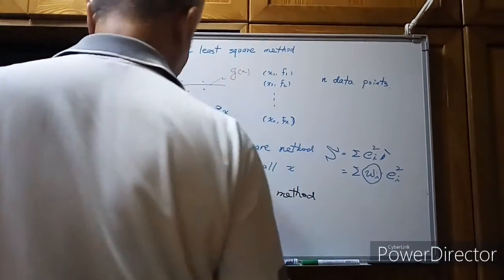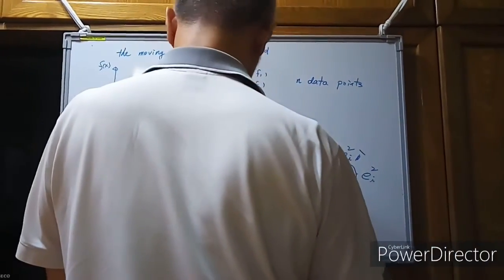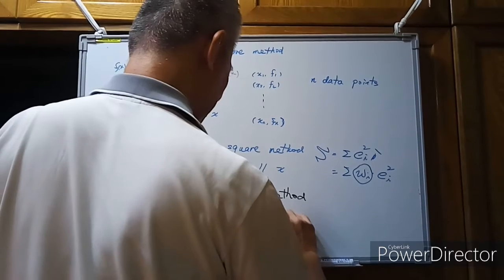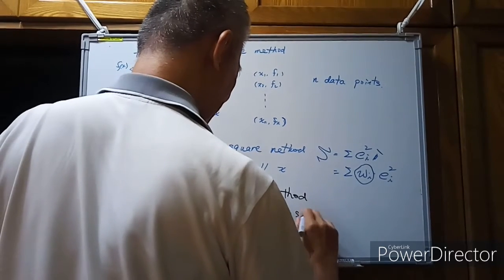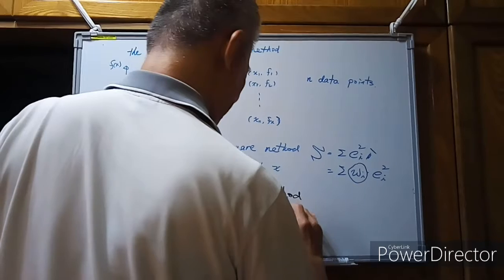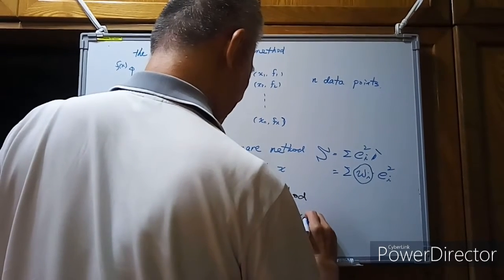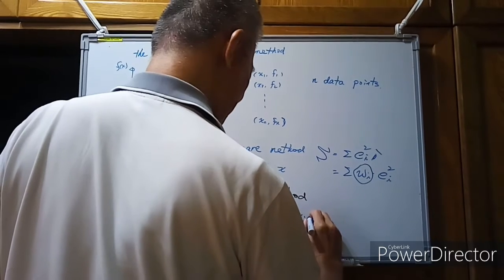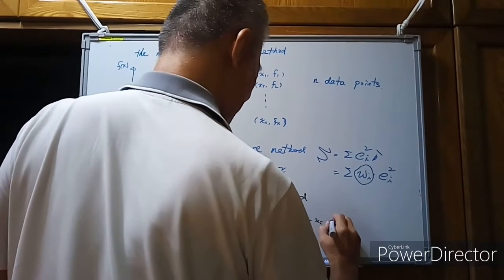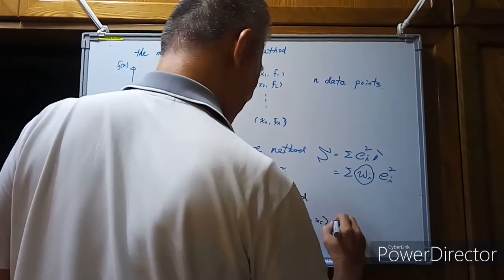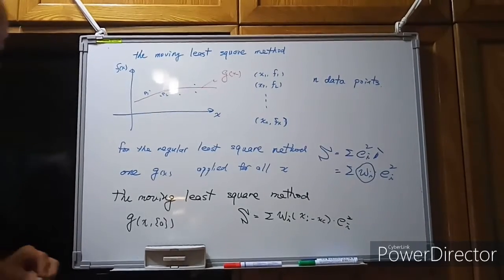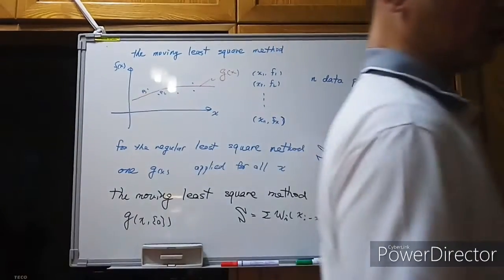But for the moving least square method, we will use weight functions for all the data points.